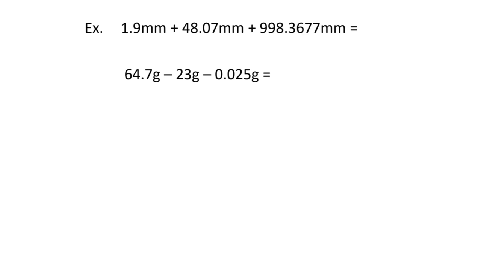Same with 48.07. If we used a ruler that was more precise, then we would be able to get more digits. So your answer can only go to the tenths place because that's as far as that one particular ruler could get to. And in fact, the easiest way of doing this to see how far your answer can go is if you write them all down in a column, like this.